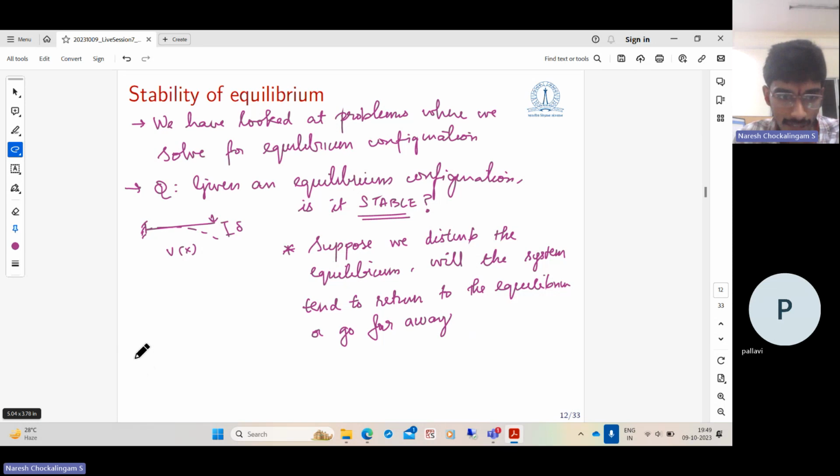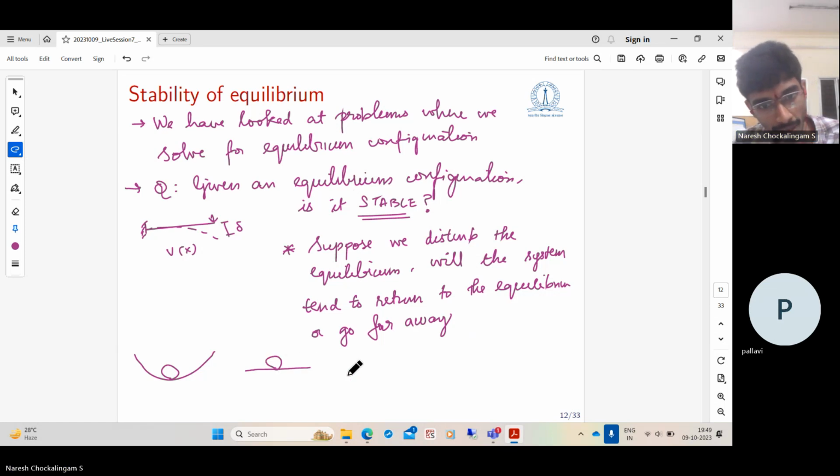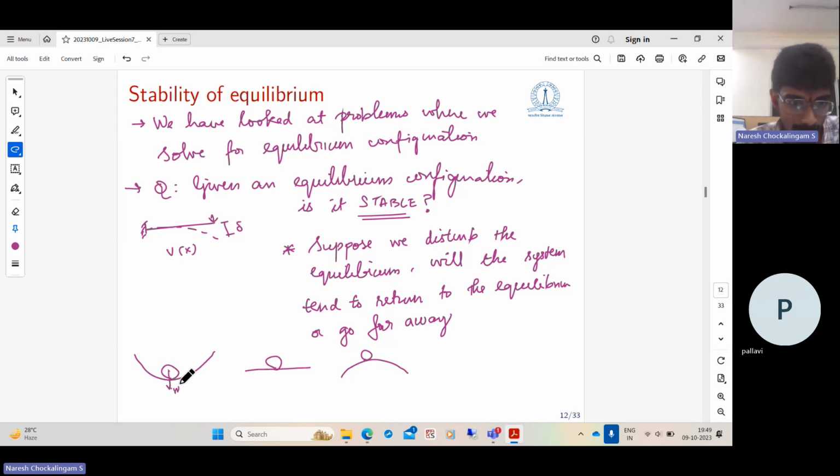So the classic example is you have this ball inside a bowl. Suppose we have a bowl like this, a flat surface like this, and we have a bowl like this. In all three cases, whatever I have drawn is an equilibrium configuration, because if you take the forces, there's a downward force due to the weight, and you have the upward force due to the normal, and they act along the same line.